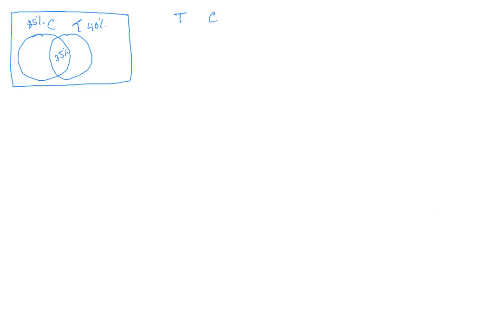Now, find the probability that somebody drinks coffee only. So let's do one by one. Number 1. Probability that somebody drinks coffee only, not just coffee, but coffee only. And that, by the way, would be this region.